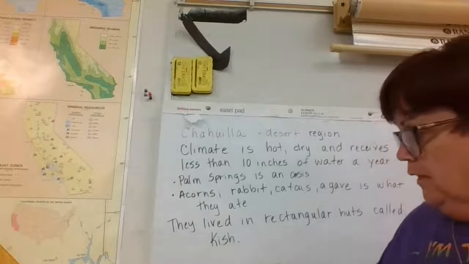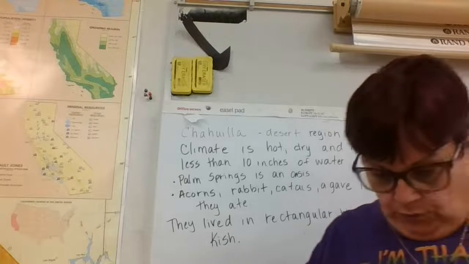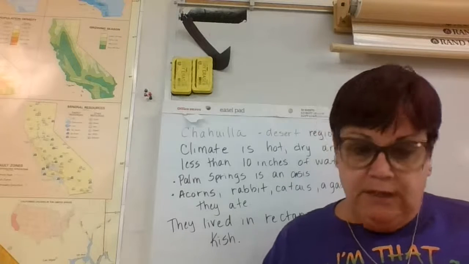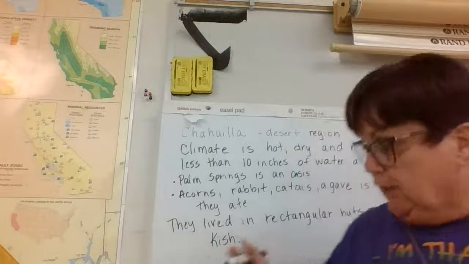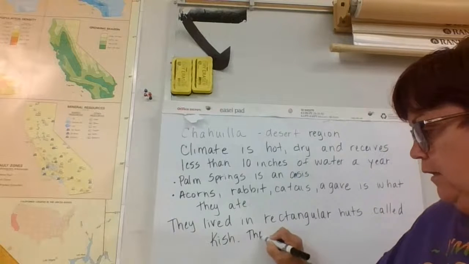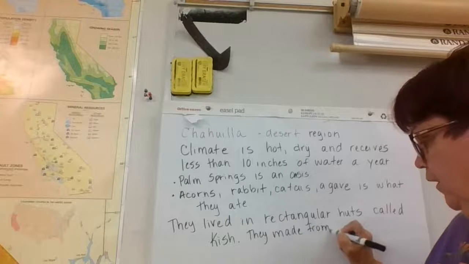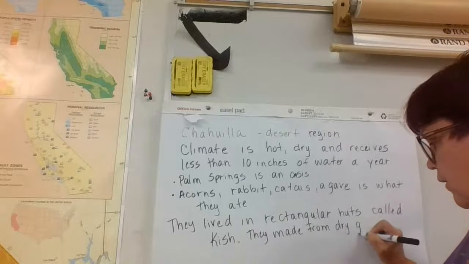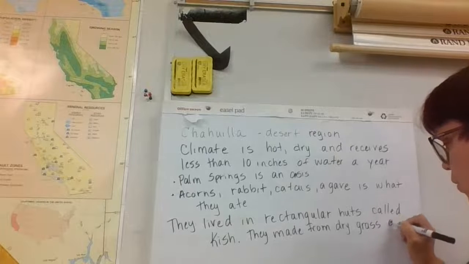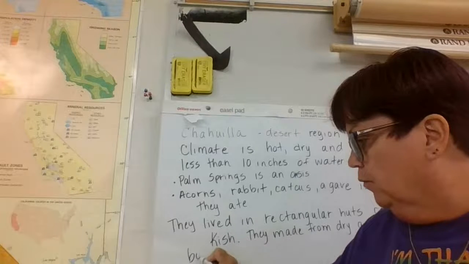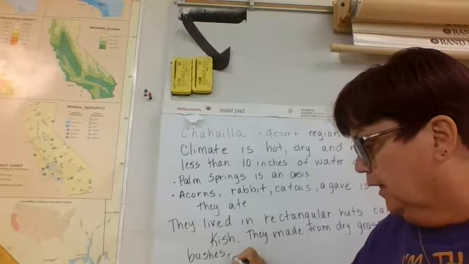It rhymes. Okay. So they lived in rectangular homes because people lived together. Okay. But they here too, they were made from dry grass or bushes.